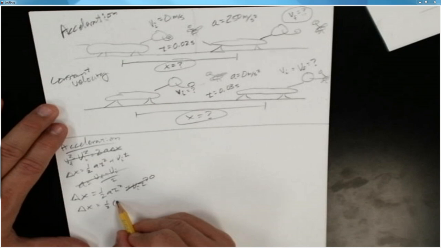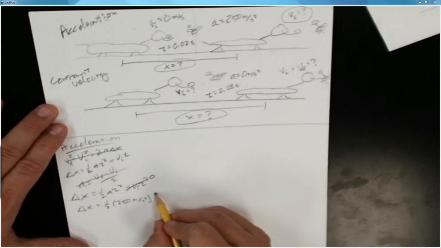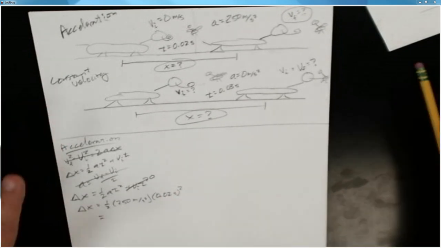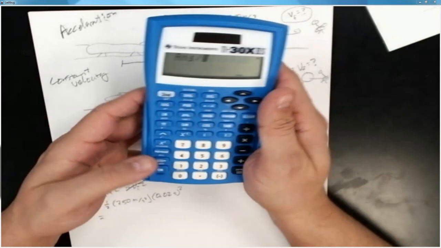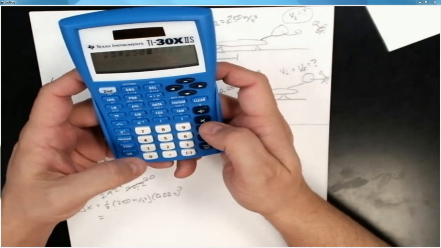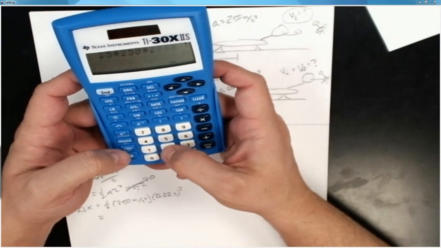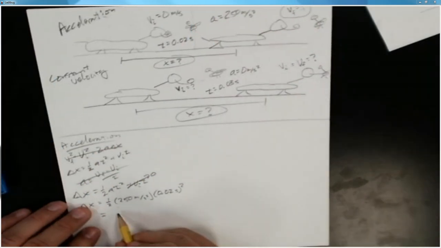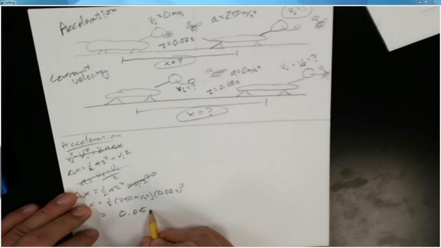So 250 meters per second squared times the time of 0.02 seconds squared. That's 0.05 meters.